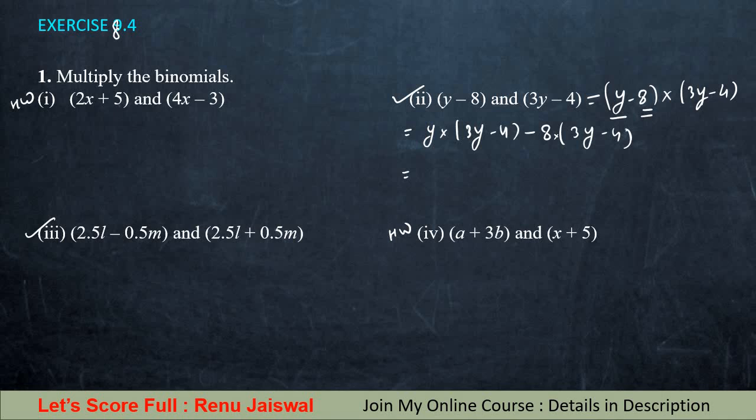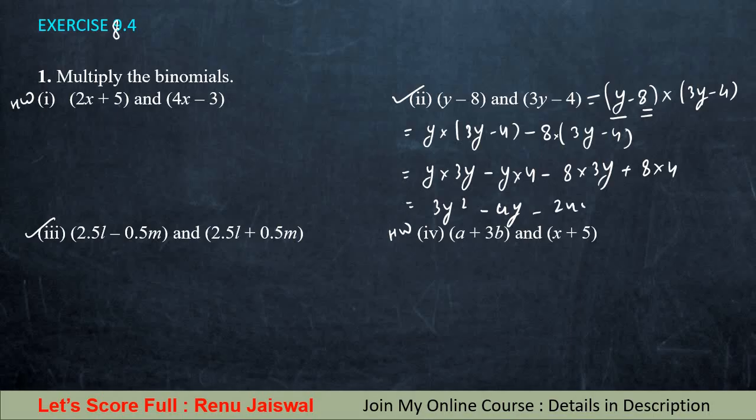Let's try to do it directly. y into 3y. You can directly write 3 and then y square. Same way y into 4. 8 into 3y, minus minus plus, 8 into 4. So here it is 3y square, 4y, 24y plus 32.